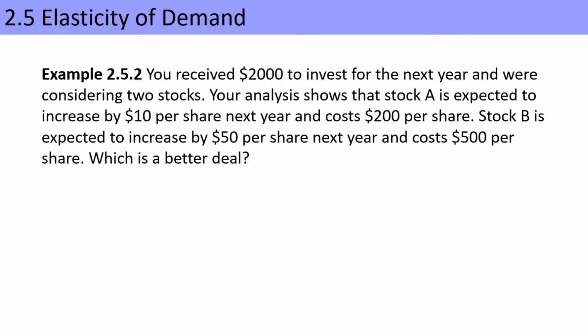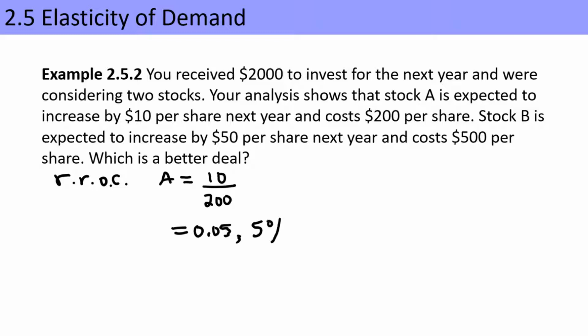So let's consider the relative rate of change, which we denote with RROC, of stock A. The rate of change is $10 divided by the current value, which is $200. That, when computed, is 0.05 or a 5% increase.